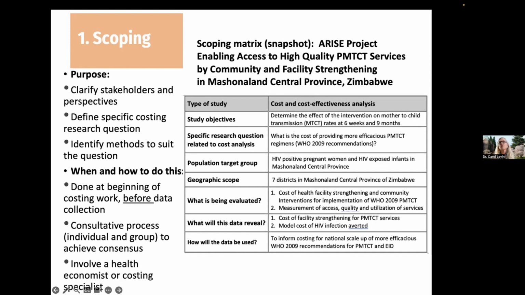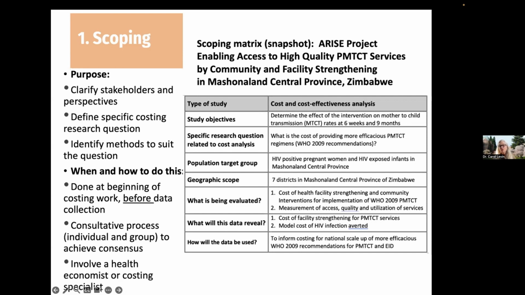So to increase access to WHO's PMTCT guidelines and also to create increased community access. If these were the study objectives, from that, you're going to say, what's that specific research question related to cost? And in our case, it was, what is the cost of providing more efficacious PMTCT regimens?